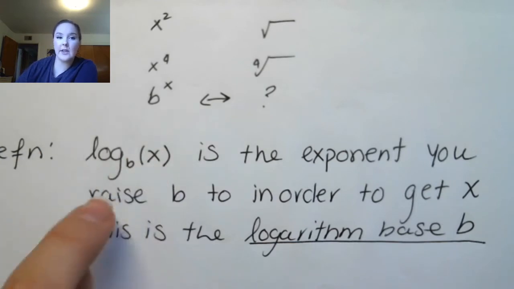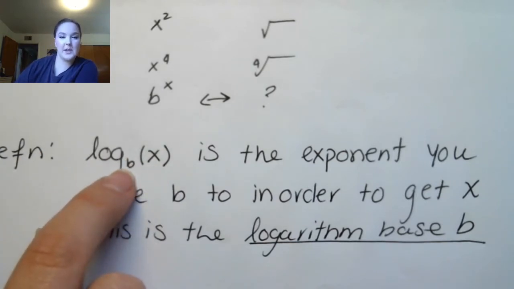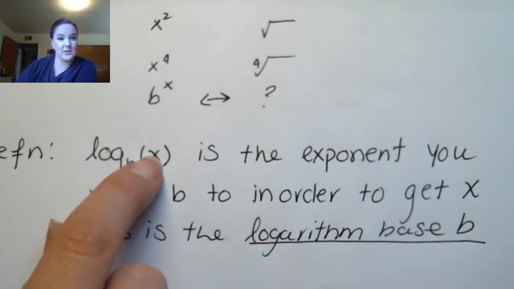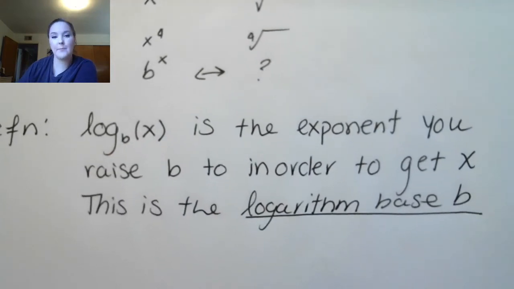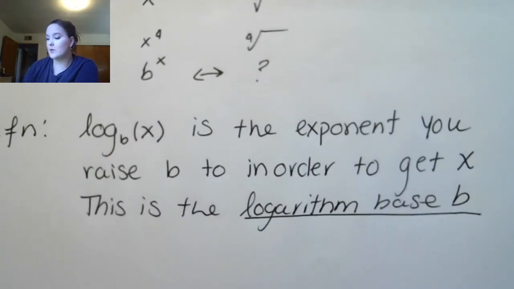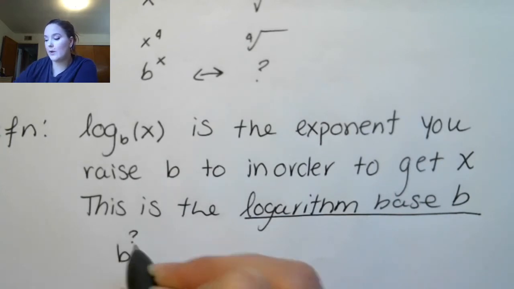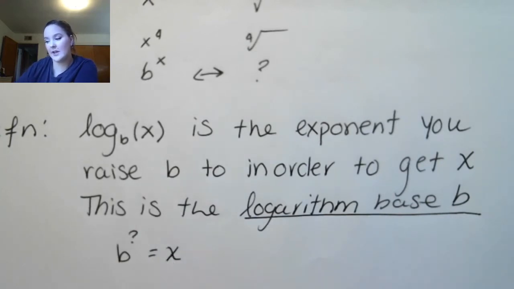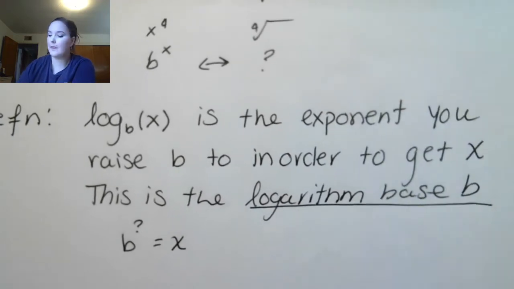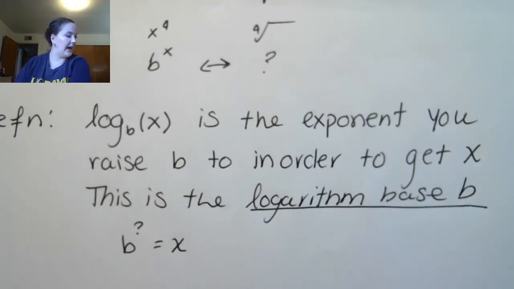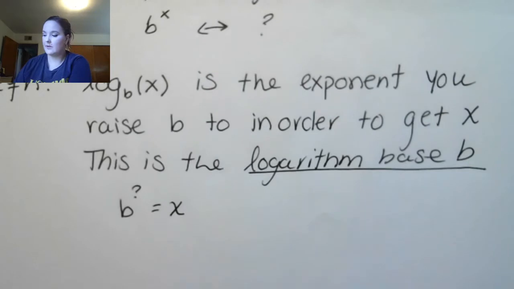And specifically, it's the exponent that you would raise b to in order to get the answer x. So when we're looking at this, we're thinking b to what power is equal to x? So let's look at some examples.